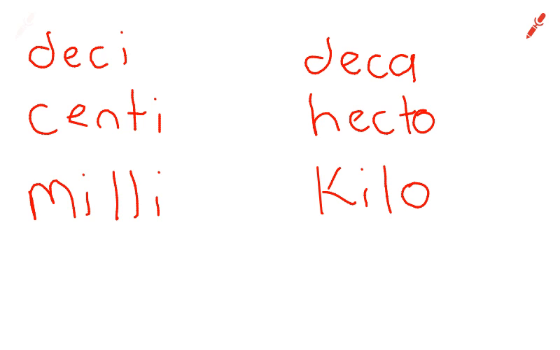Now, prefixes would be the parts of the word that would come at the beginning. So these are metric prefixes, and after each of these we would add meter. Meter. I'm going to take a minute to write all these.